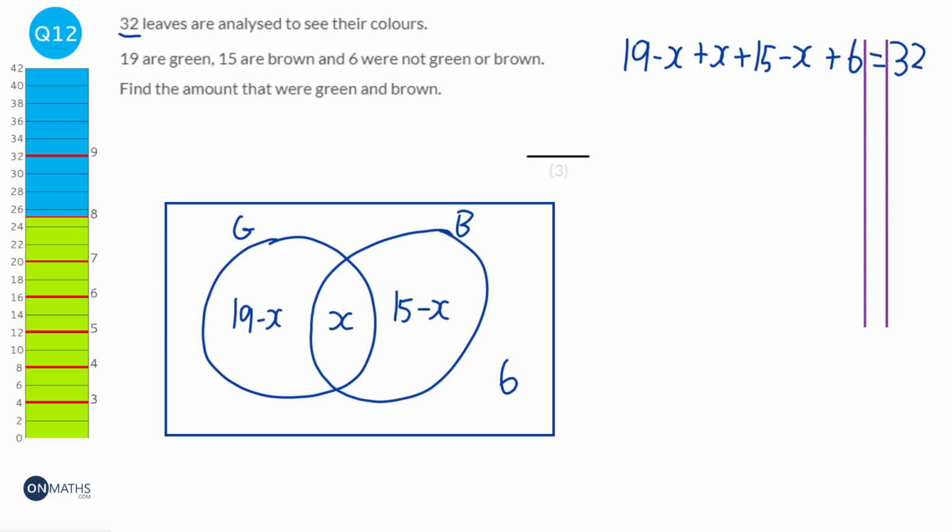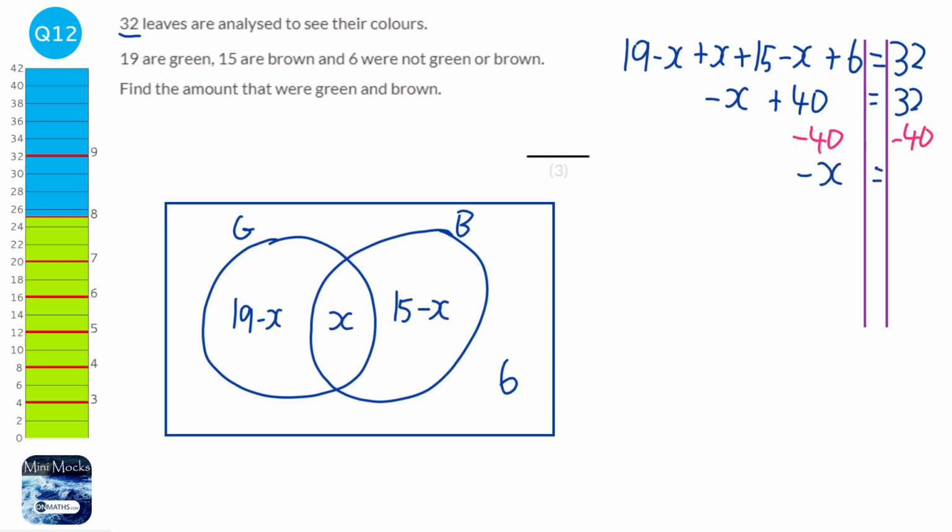So we've got minus X and minus X, that'd be a minus X. And we've got 19 plus 15 plus 6, which will be 40, equals 32. We're going to take away the 40 both sides. And we can just times by minus 1 both sides to make them both positive.